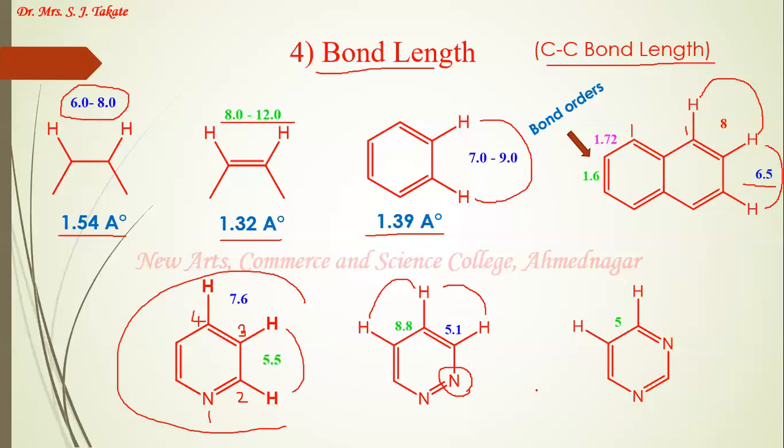So in general, we can say that for single bonds, the coupling constant values are small, while for double bonds, especially olefinic carbon-carbon double bonds, the vicinal coupling constant values are large, and as aromatic compounds have intermediate bond lengths between the single and double bonds, their coupling constant values are also intermediate.